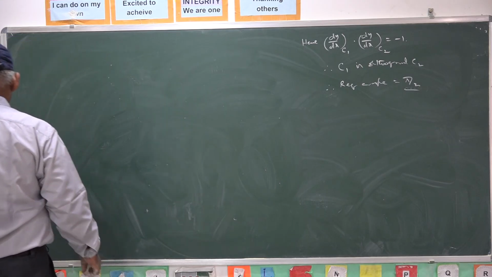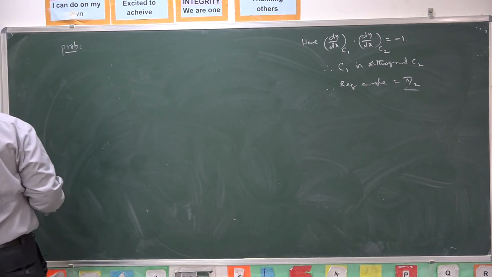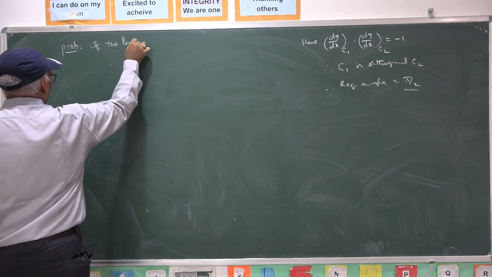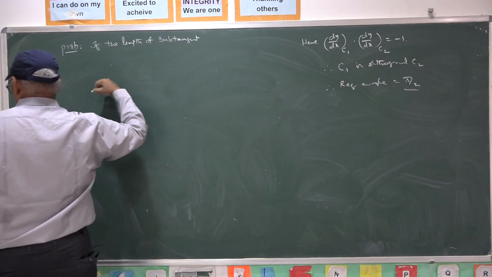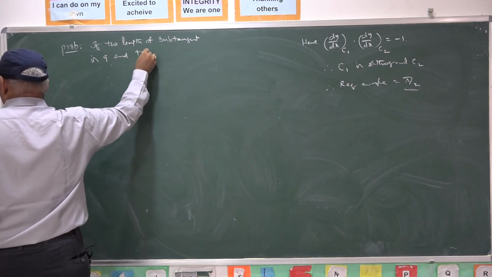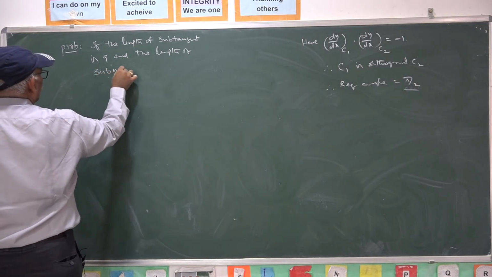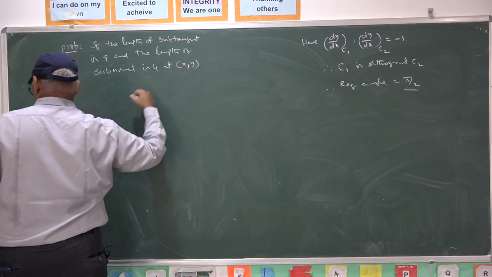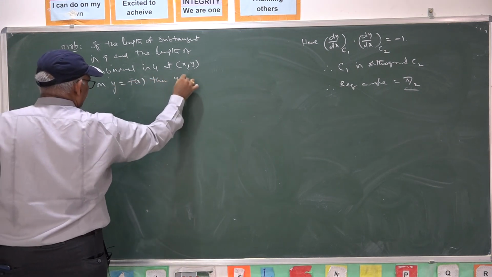Next one. If the length of the subtangent is 9 and the length of subnormal is 4 at x comma y on the curve y equal to f(x), then y equal to the y coordinate of the point.